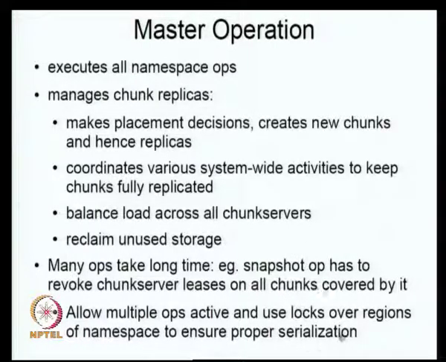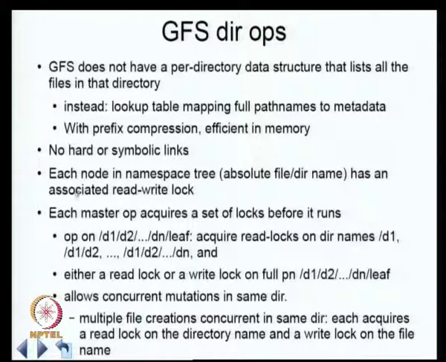So you need to take a lock corresponding to that. You want to allow multiple operations to be active at the same time, and therefore you need to use multiple locks over multiple regions to ensure proper serialization. Now let us look at some aspects relating to directory operations.